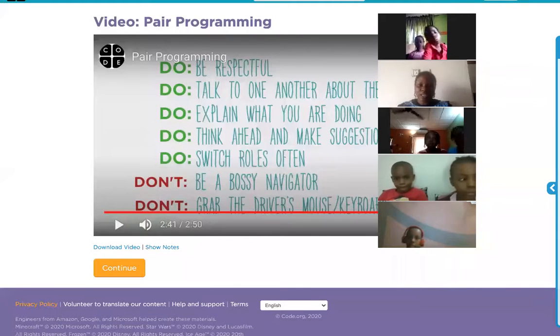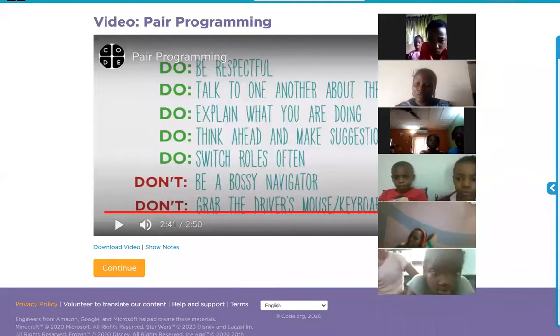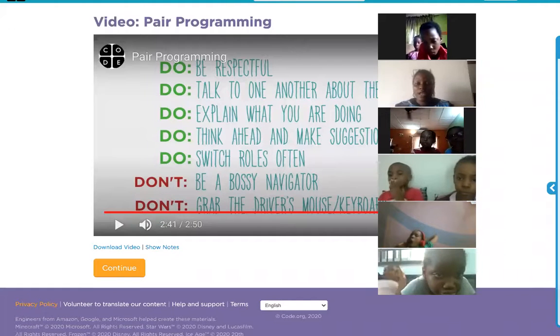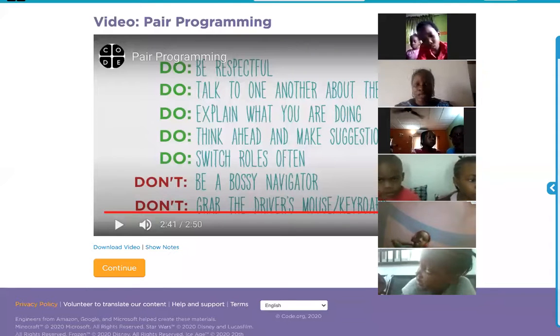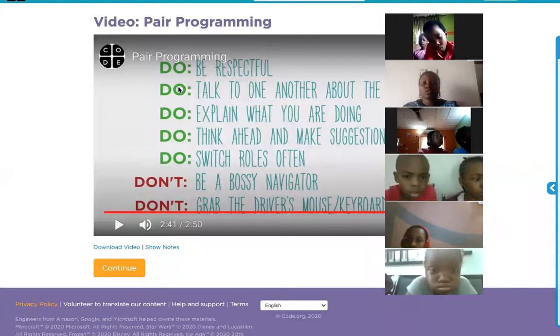Talk to each other and decide, I want to be the navigator, or I want to be the driver. Once you understand that, there won't be any quarrel or argument, and you know the rules, the do's and don'ts. The first do: be respectful.